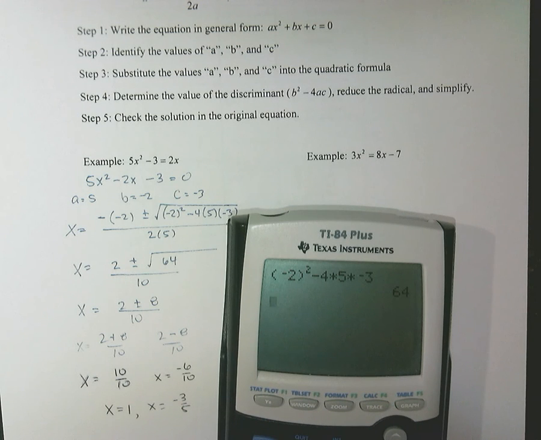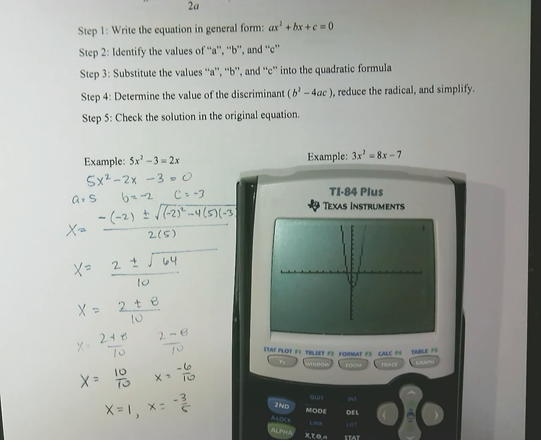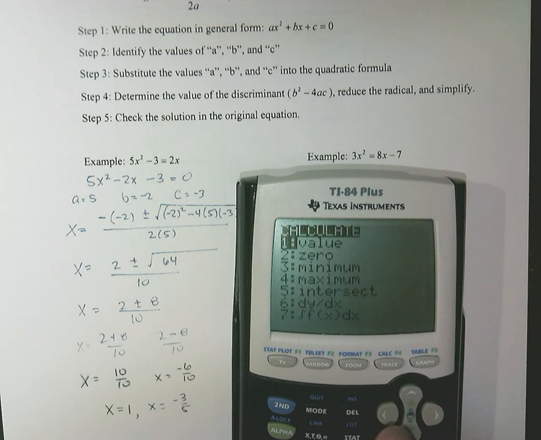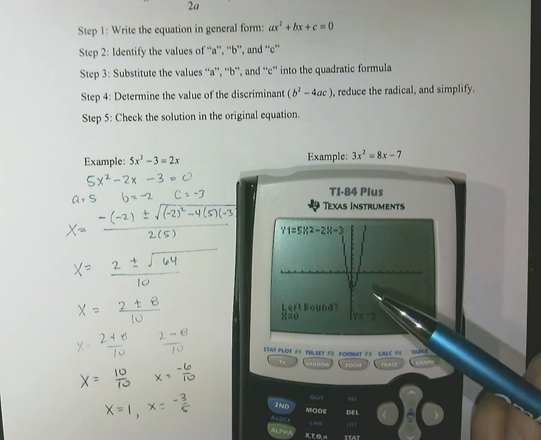Actually, when I practiced this, I had a different answer, so I am going to go ahead and check it. So 5x squared minus 2x minus 3. I'm going to go to my graph. So 1 and negative 3/5. This first one I'm going to find right here.